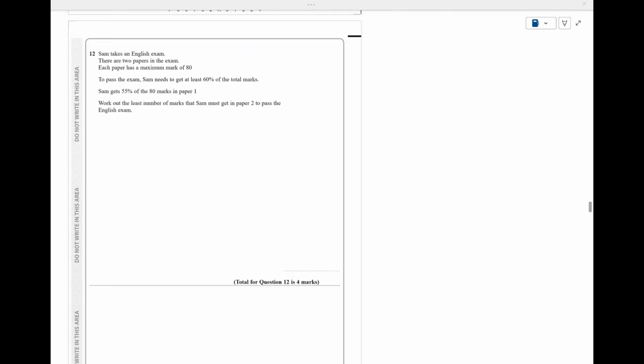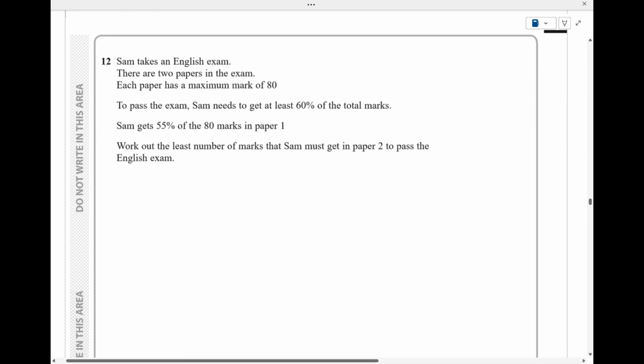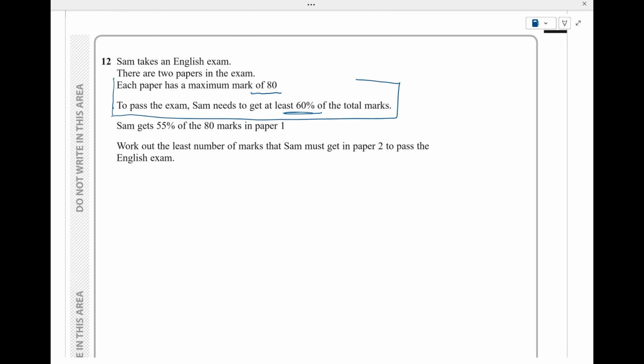Question 12. Sam takes an English exam. There are 2 papers in the exam. Each paper has a maximum mark of 80. And Sam needs to get at least 60% of the total marks. How many marks does he need altogether then? Or maybe it's a she, I beg your pardon, who knows?